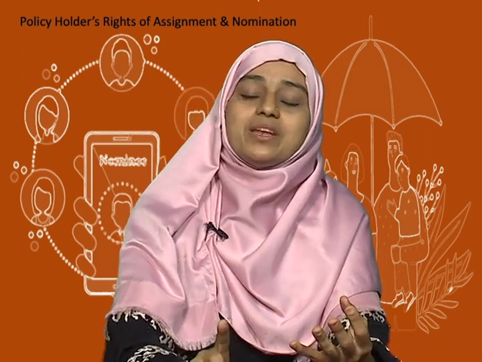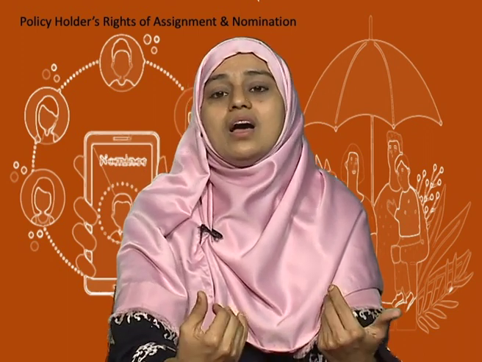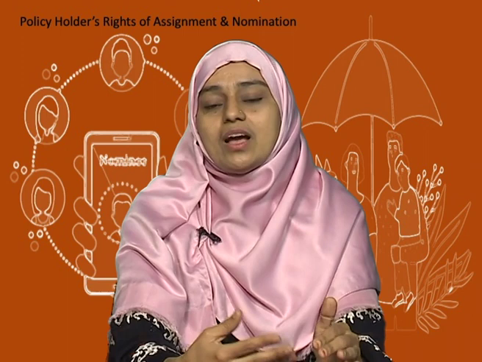Then assignment will lead to cancellation of the nomination. Whatever nomination was there in the earlier policy, now when the policy gets assigned, that nomination which was there in the original policy also gets cancelled. Say for example, a policy I took in my name, I kept my spouse as a nominee in the policy. So if anything happens to me, he will receive the benefit.